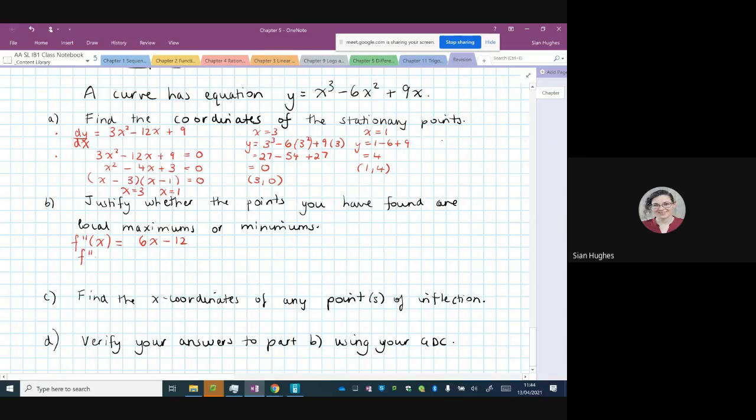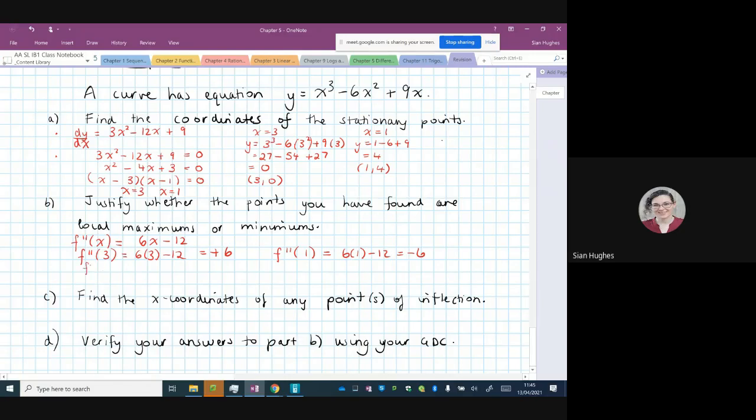And we're interested in when x is 3 and when x is 1. So we get two values for our second derivative.